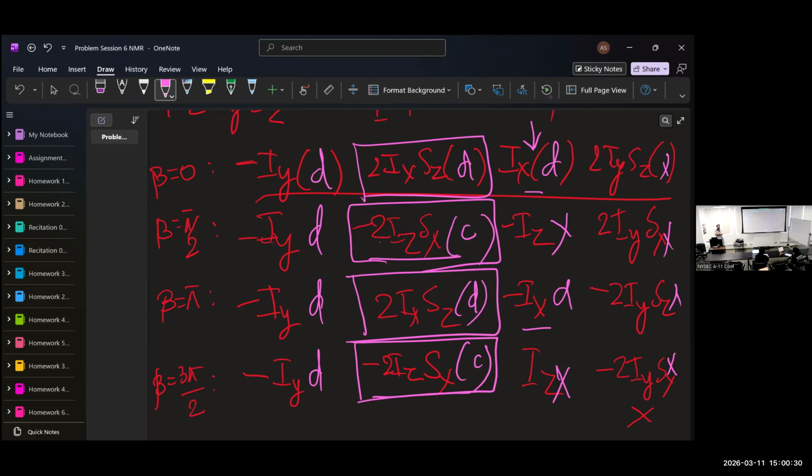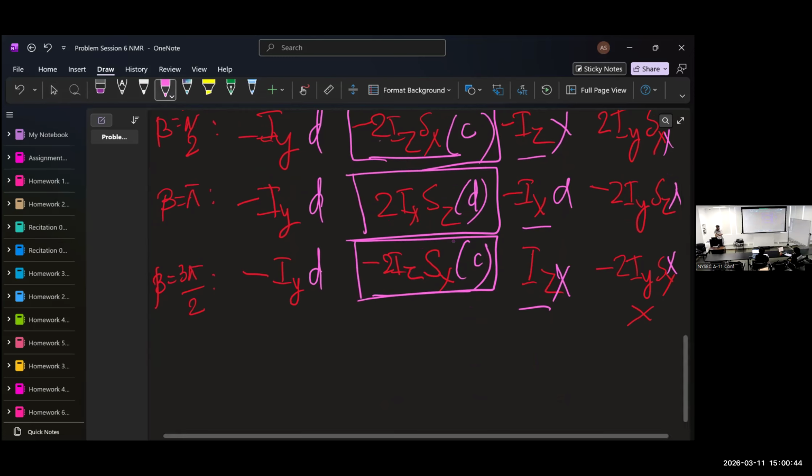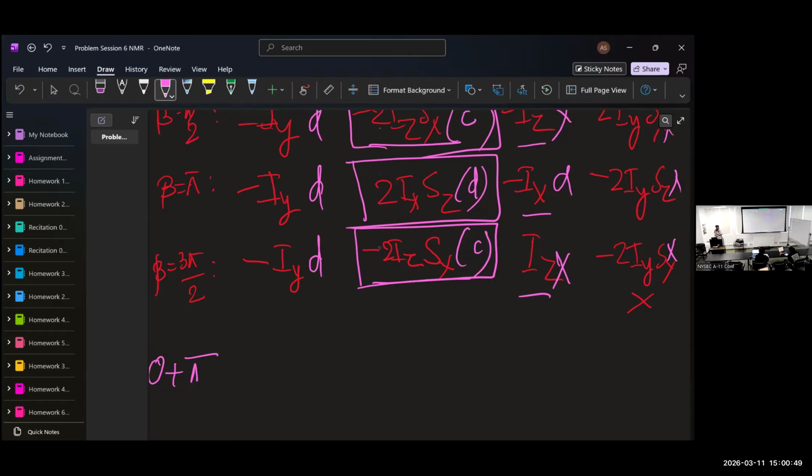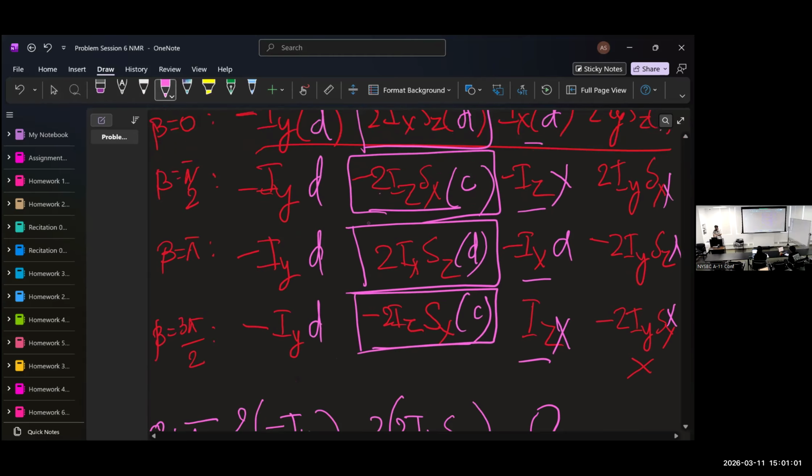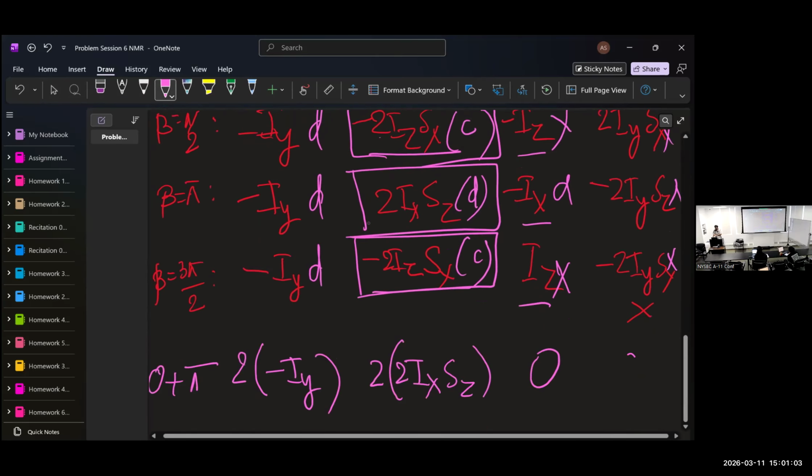So if you just added 0 and pi, you get rid of IX. Similarly, if you add pi over 2 and 3 pi over 2, you get rid of IZ. That makes sense? So 0 plus pi gives me 2 times minus IY, 2 times 2IXSZ. This term goes away, and the last term also goes away.